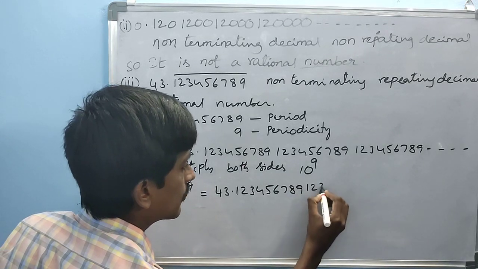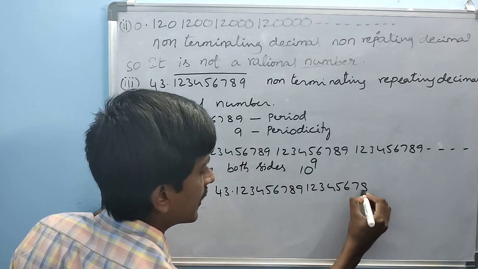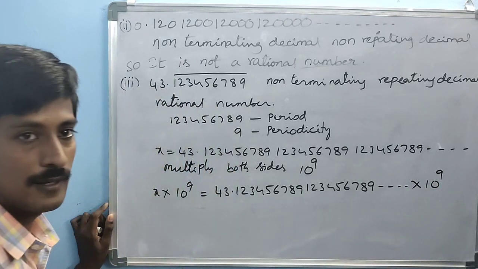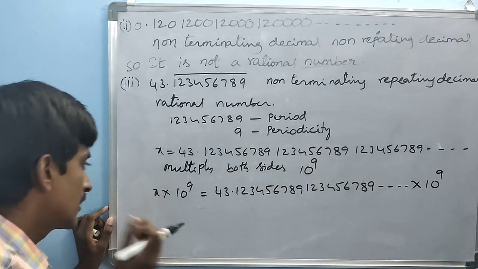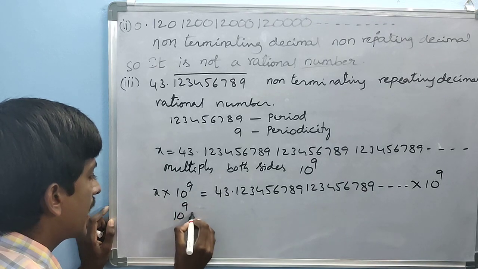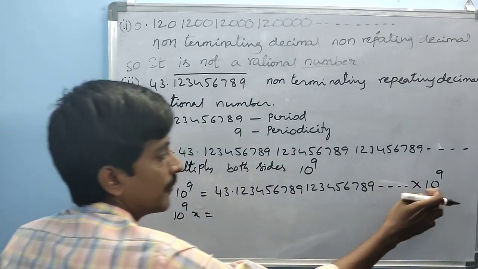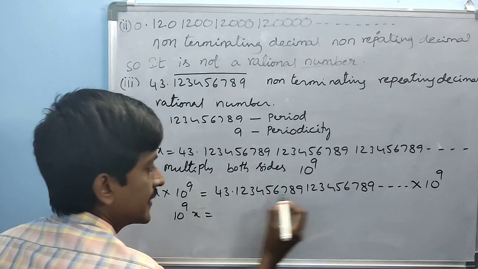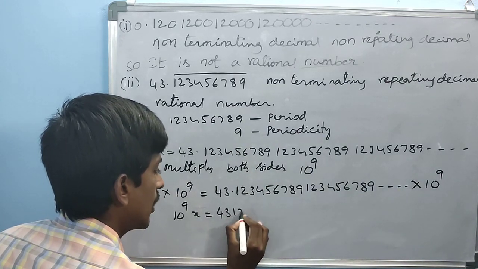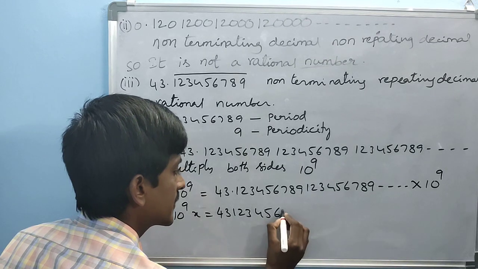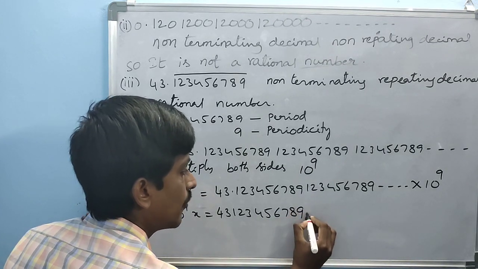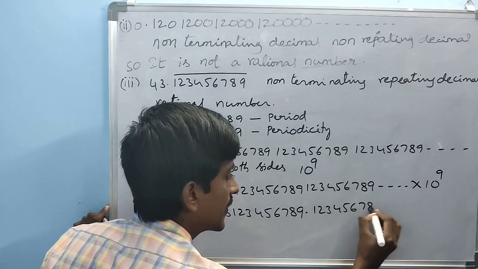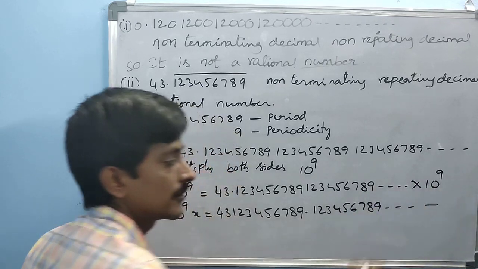If you multiply by 10 power 9, the point moves 9 digits, so we get 43123456789.123456789 and so on.